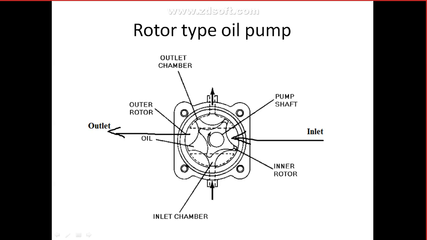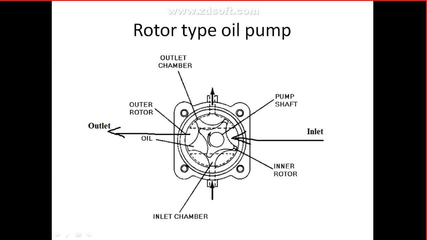The shape of the inner rotor is such that outside there will be lobes. Lobes means a curved portion. For the outer rotor, inside there will be a curved portion. This inner rotor and outer rotor rotate simultaneously with some phase difference.